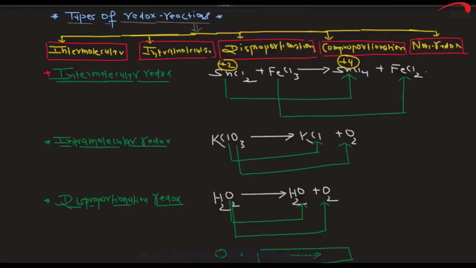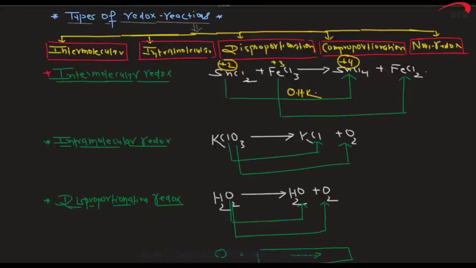Since the oxidation state in this case increases, this process is referred to as the oxidation half reaction. So SnCl2 undergoes the oxidation half reaction. But the other reactant, since there is more than one reactant, FeCl3, the charge of Fe is +3.